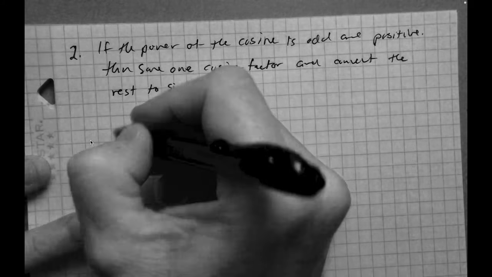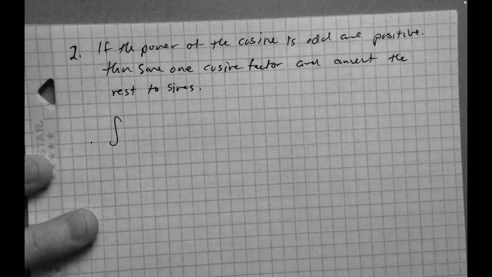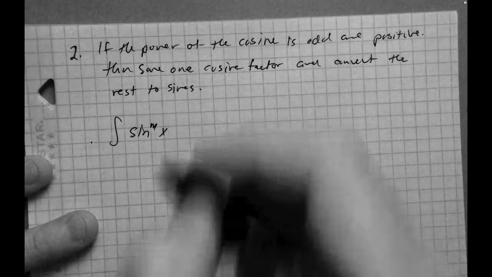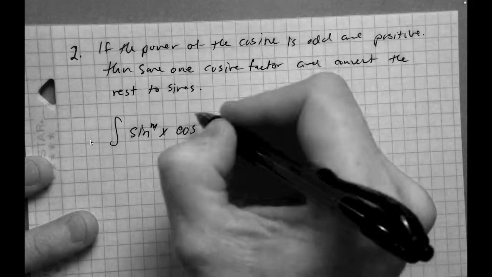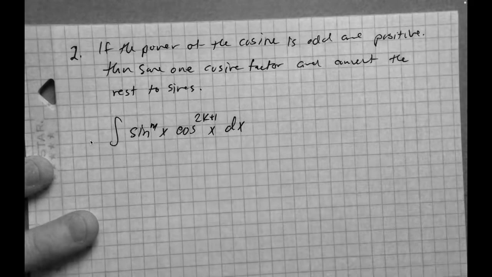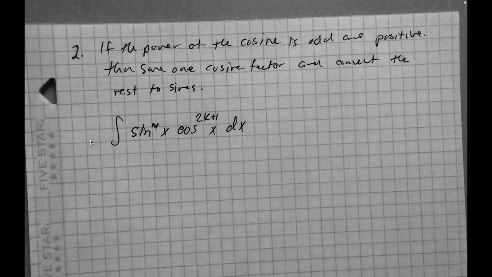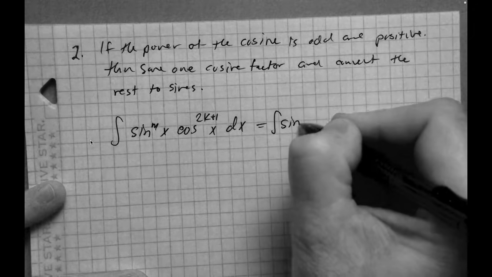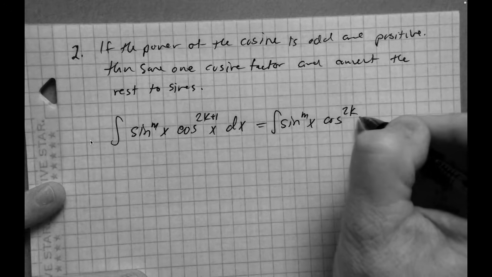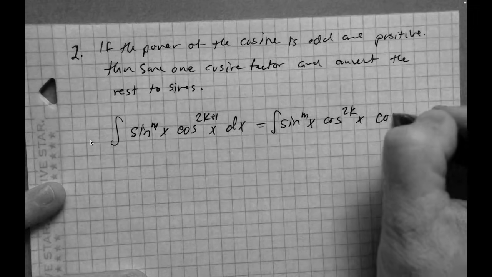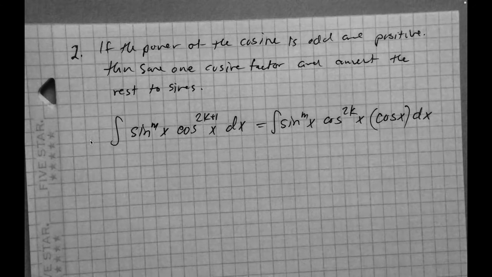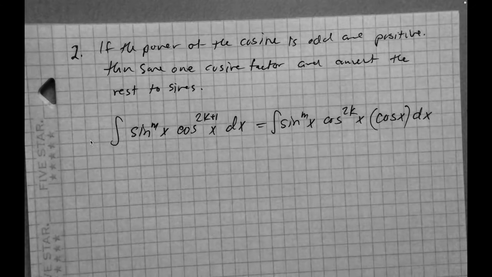Okay, so structurally it would be something like this. You've got sine of x to the m power times cosine raised to the 2k plus 1 power. We're just going to break off one of those cosines. So it looks like sine raised to the m of x times cos raised to the 2k of x times cos of x. And so this guy right here is the one we hang on to, the one we retain for use as our du.